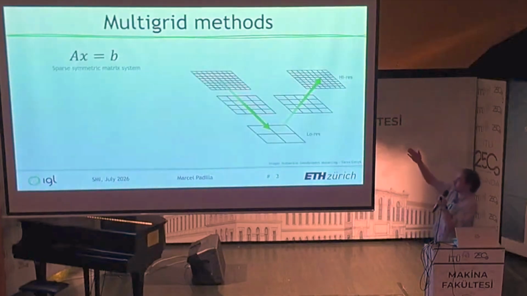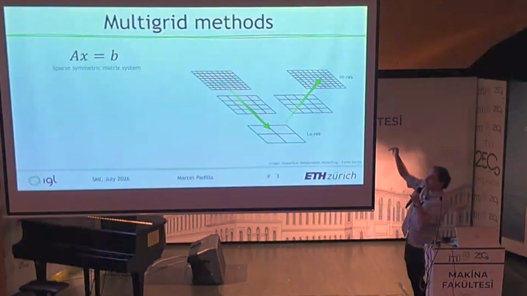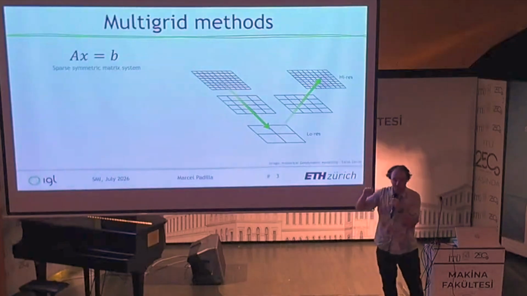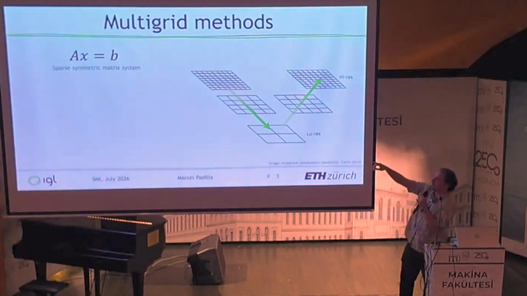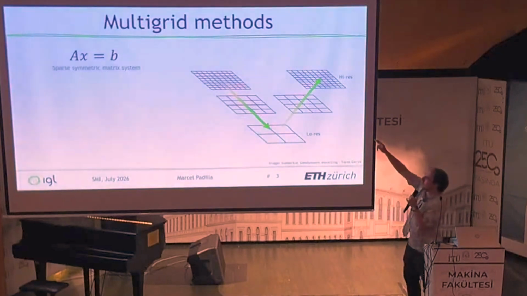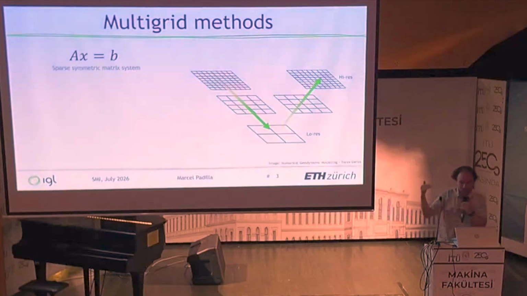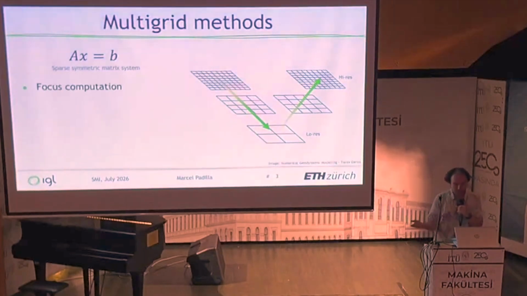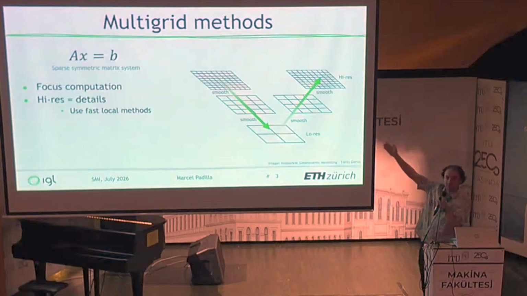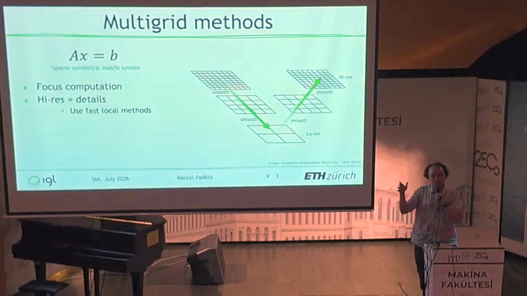These methods are often called multigrid methods, and they operate by working on different resolutions. So you have a sparse symmetric matrix system, AX equals B, where A is a sparse symmetric matrix, and you use different methods for different resolutions. You can focus your computation on the high resolution details using something like Gauss-Seidel iterations, which converges poorly globally, but converges well when you just try to reduce the high frequency error.